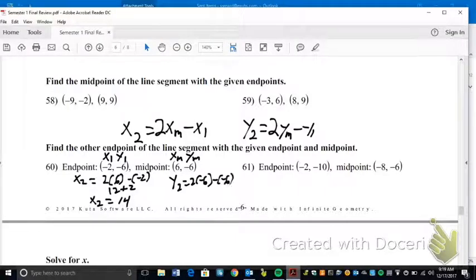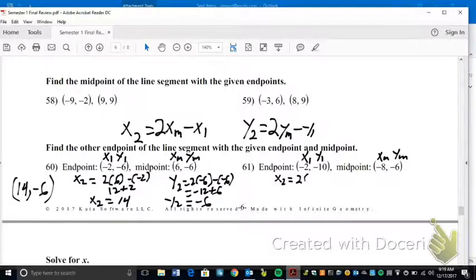So x2 equals 14. Plug it in, same thing for y. 2 times our y midpoint minus our y endpoint. So we get that the second endpoint is 14, negative 6. x1, y1, xm, ym, plug it in. x2 equals 2 times our x midpoint, negative 8, minus our x endpoint, negative 2.